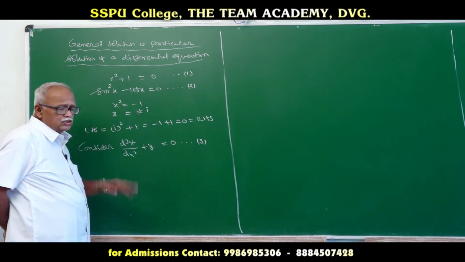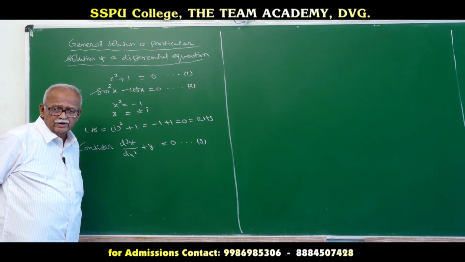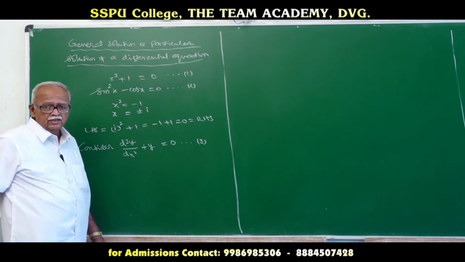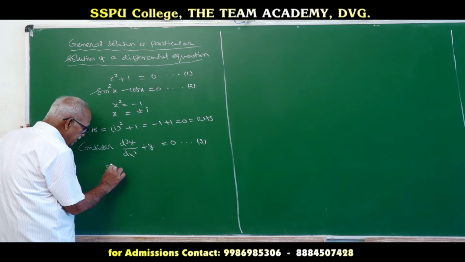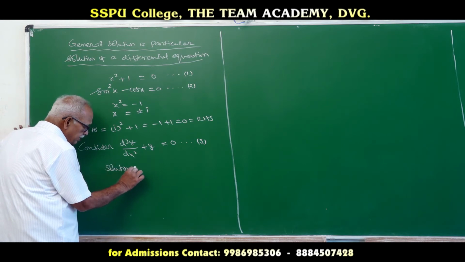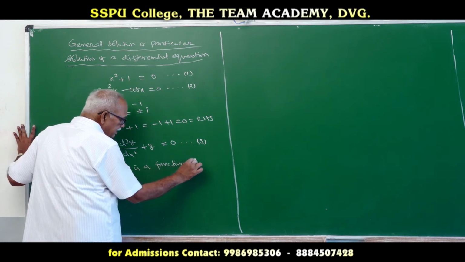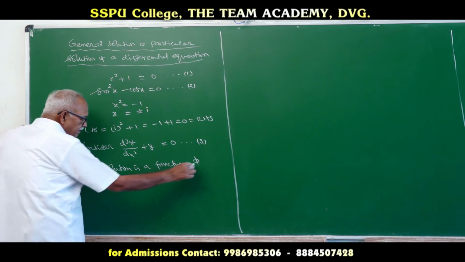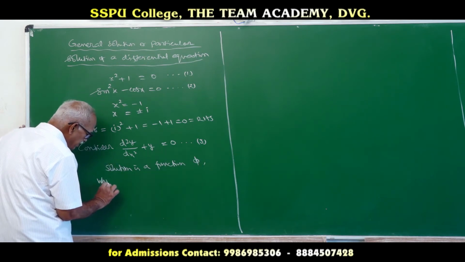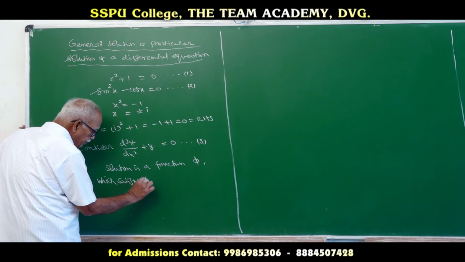For the first two equations, the solution was a real number or a complex number. But for the third equation, the solution is a function. Let us take that function as phi, which satisfies equation 3.